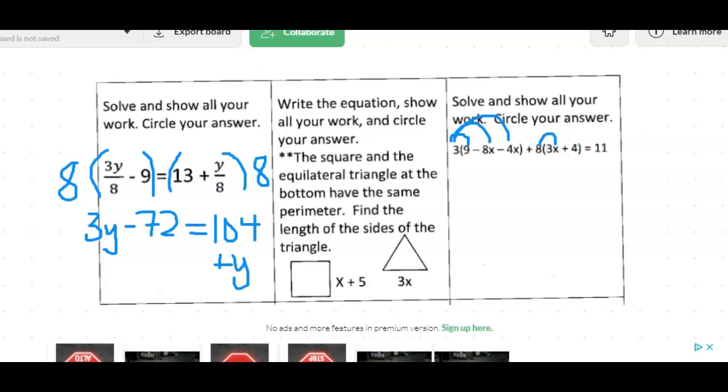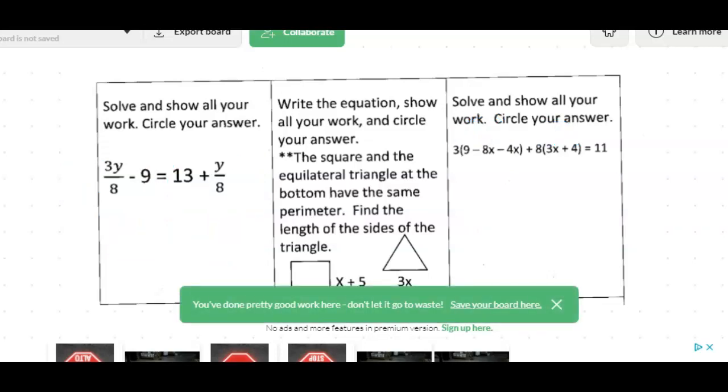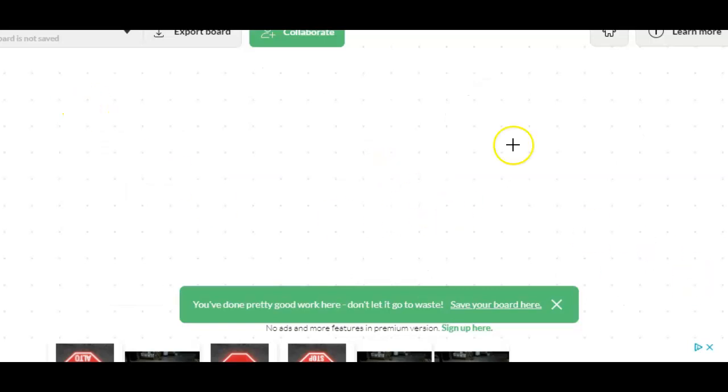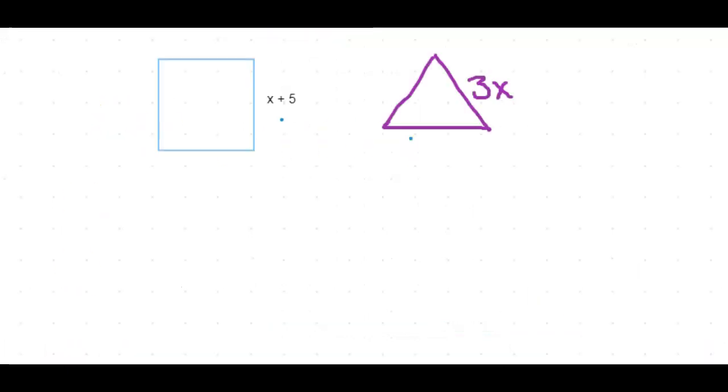Now, let's get rid of all this glorious artwork here, and let's talk about this, the final one. So I've redrawn this one so that we can see it a little bit better.